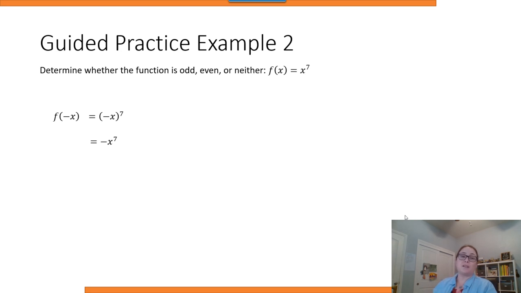So you can always plug in some real numbers. So maybe try -2. What happens when I plug that in? Do I get the same thing as I would if I had just plugged in 2? Or do I get the opposite or something else? Now here, if I plug in -2 to the 7th, well, I get the same thing as if I had just plugged in 2 to the 7th and made it negative. Okay, so this is an odd function.